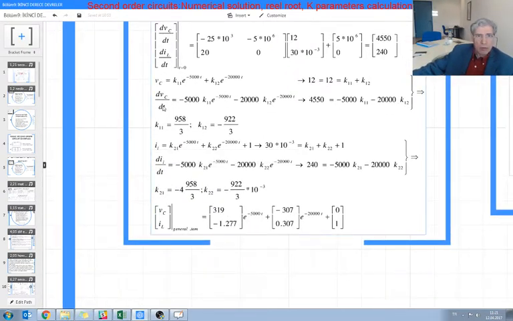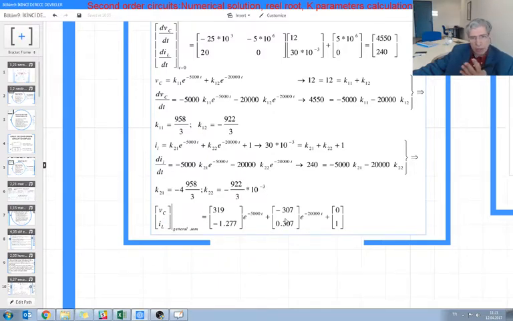So this is what I have done and found k11 and k12. For the inductor, if you do the calculations, you end up with k21 equal to this one, k22 equal to this one. If you replace these k values in your general solution, that is the general solution.